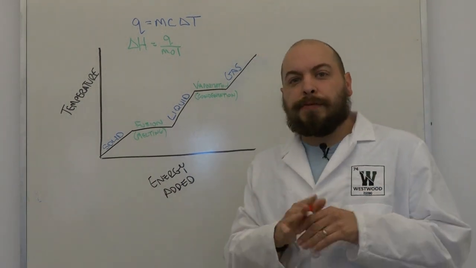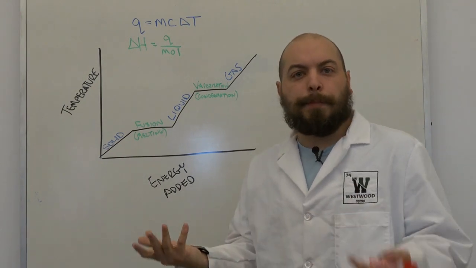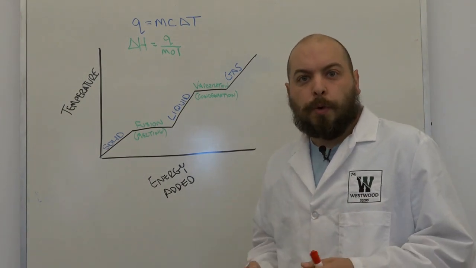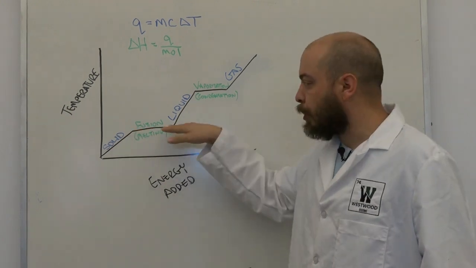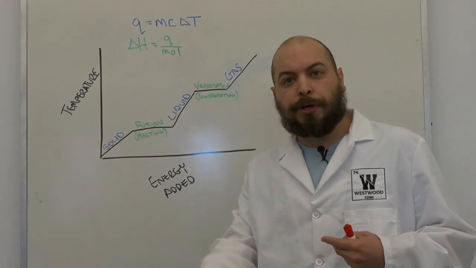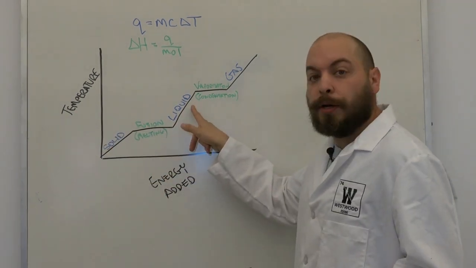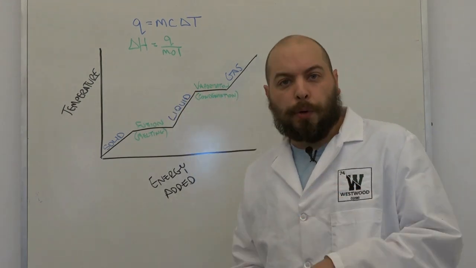One of the last pieces of information we can garner from this heating curve is going to be boiling point and melting point information. All we have to do in that situation is look at our point where we are transitioning from solid to liquid and find the temperature at which that happens. That's our melting point. Find the point where a liquid transitions to a gas, find the temperature, that's our boiling point.